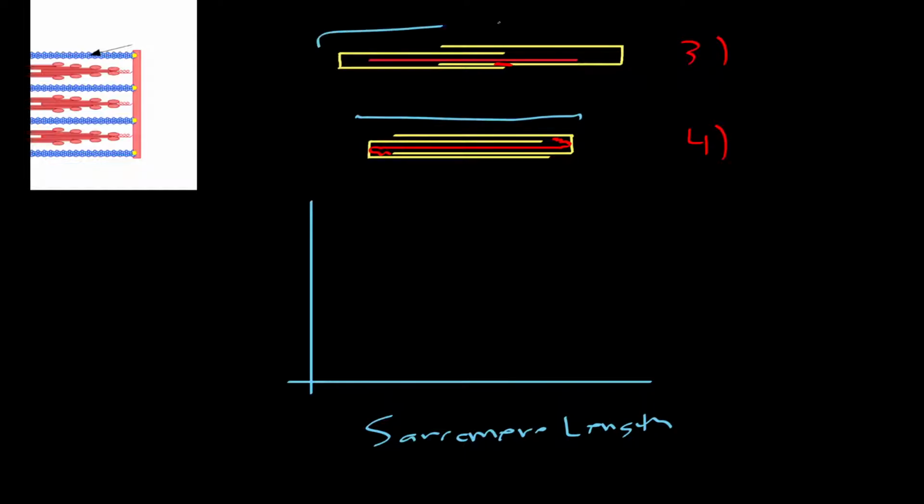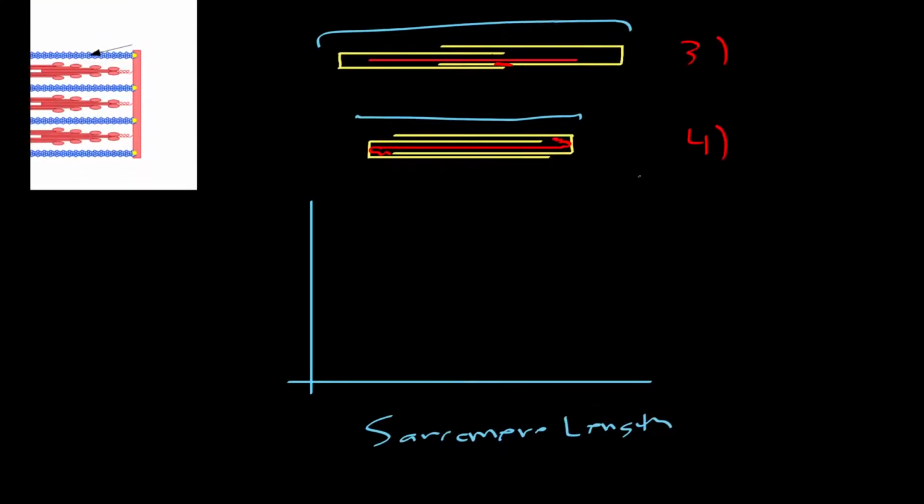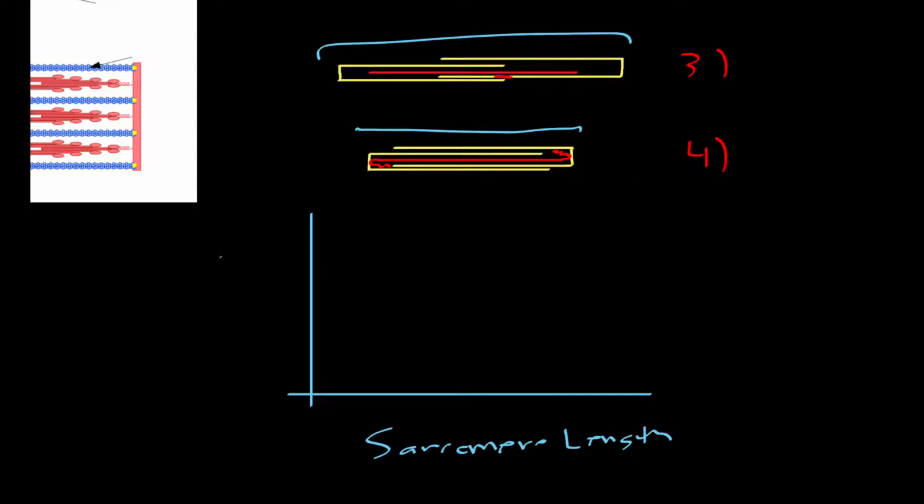If we plotted the sarcomere length, and that's just up here, this length, against the force production by the sarcomere when you activate it fully, maybe you do this experiment with frog muscles or rat muscles or rabbit muscles, and you just put a bunch of electricity in so you know the muscle's fully activated.